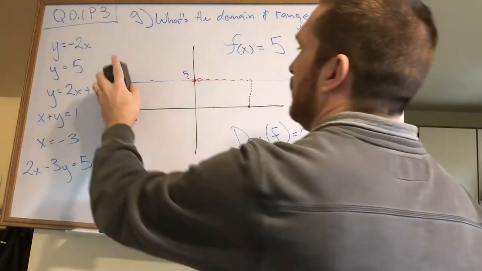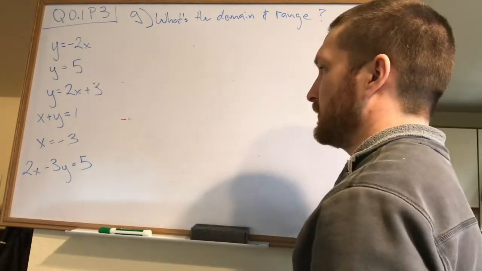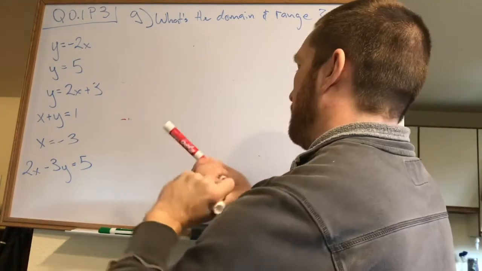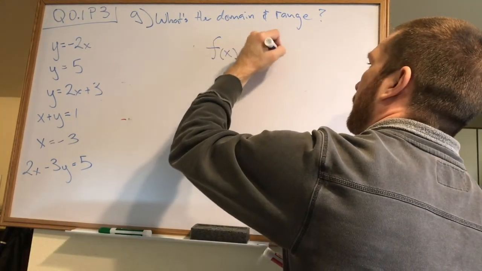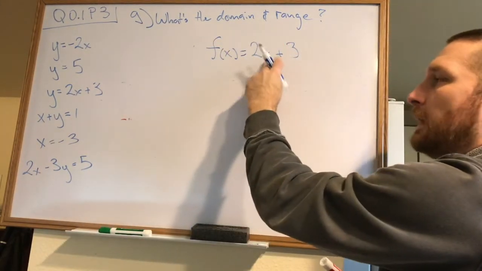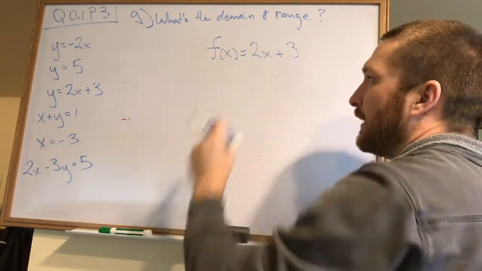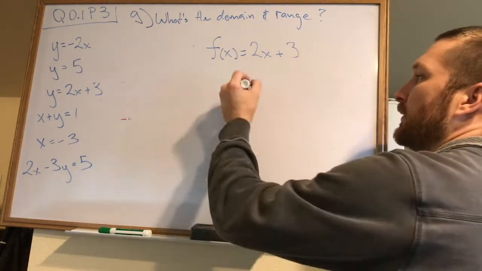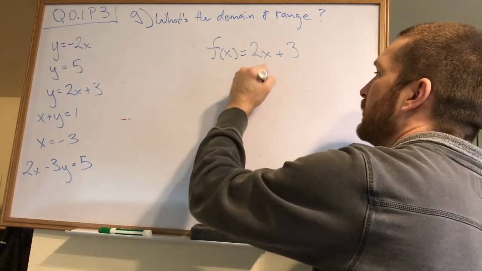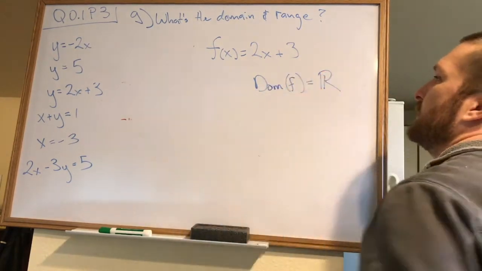Okay, moving on. We have f of x is 2x plus 3. No problems here. I could plug in 0 and multiply it by 2 and add 3. No problem. I could plug in any positive number. I could plug in any negative number. Every single real number is good. And so the domain of f, again, is all real numbers.